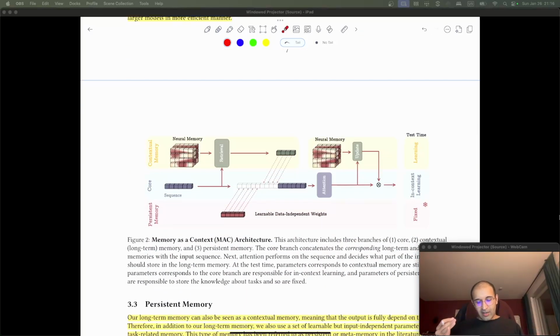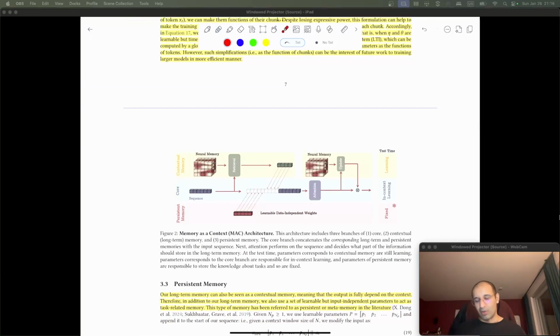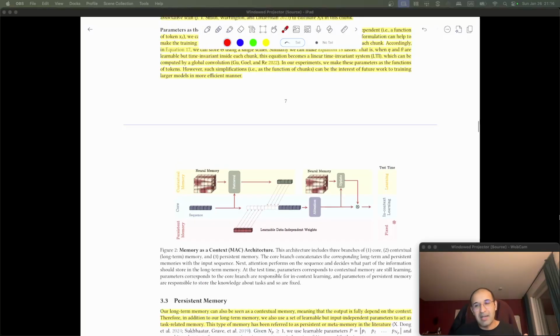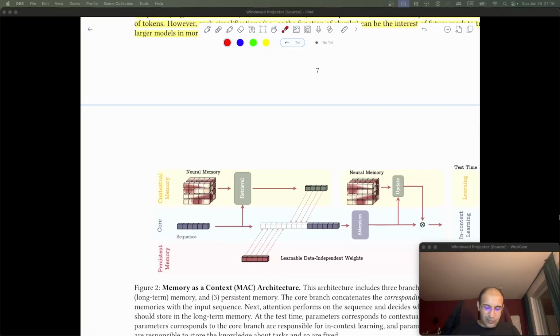They also say how to leverage this neural memory module. You can use it as a contextual memory, which means that if you have a hybrid architecture in which you have attention and this neural memory, like the one we drew before, we take the sequence that is input by the user, because the job of the neural memory is just to compress information. We retrieve whatever is in the memory and prepend it to the sequence.